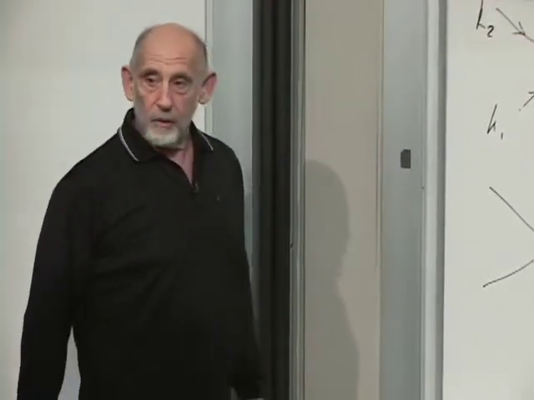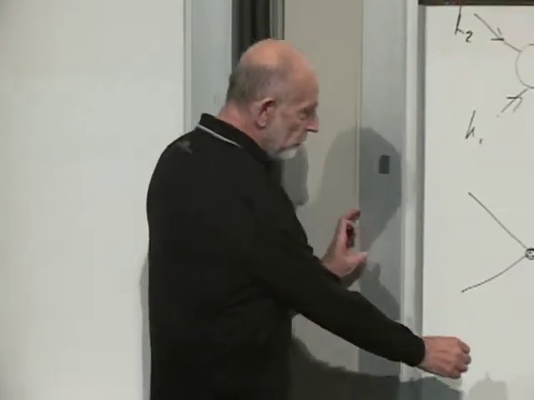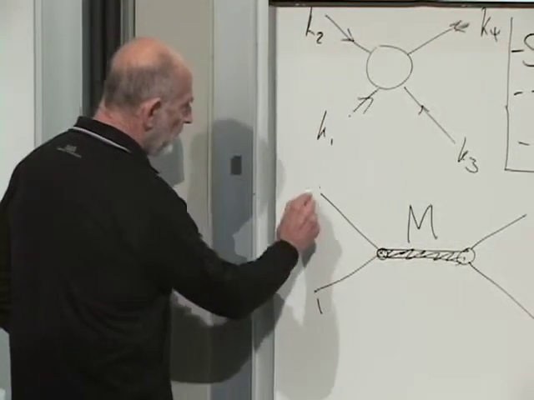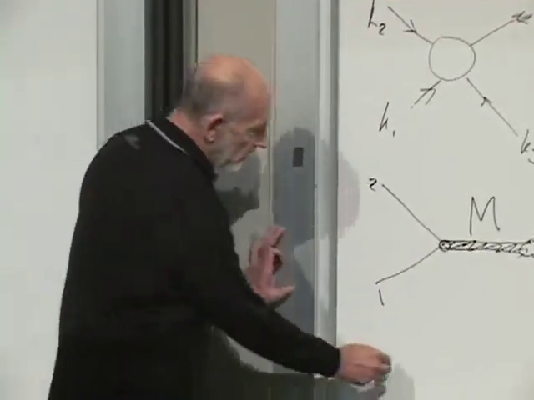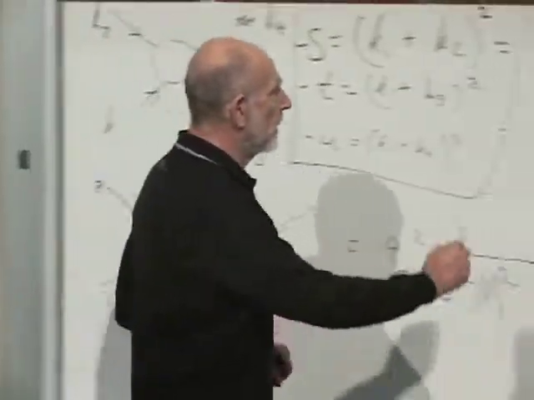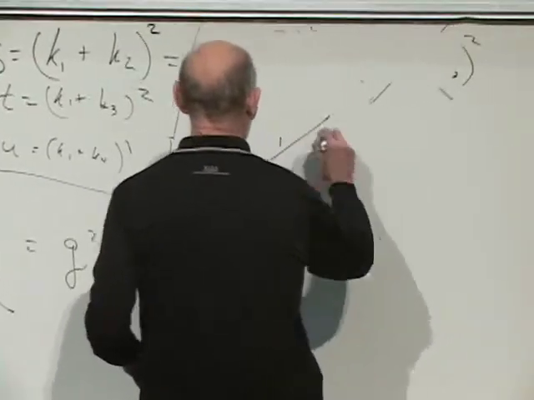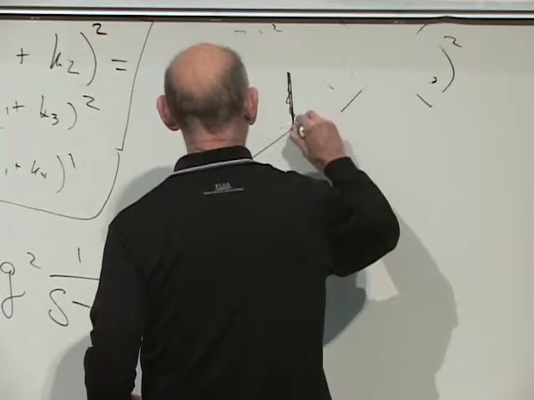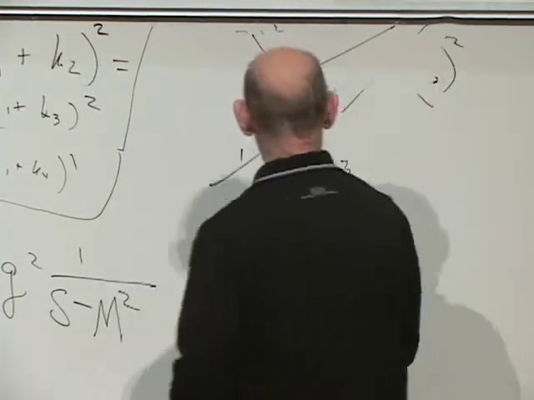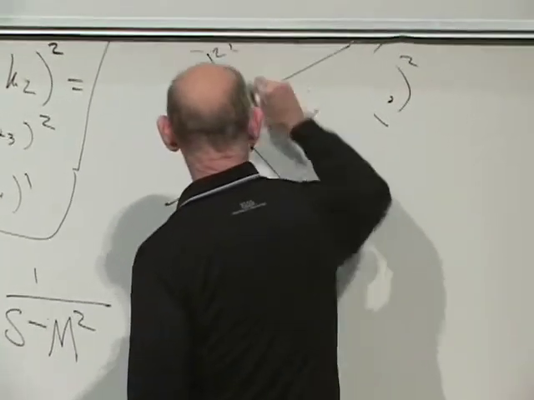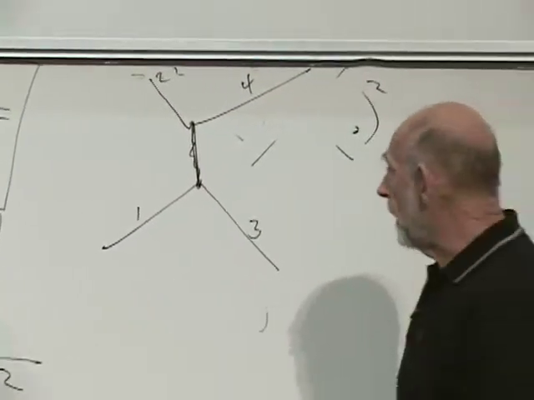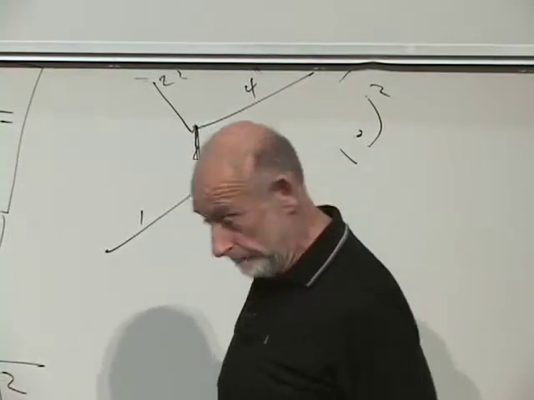You want one that depends on the other variable, you draw a similar diagram, except in which instead of 1 and 2 merging, you have 1 and 3 merging. One, two, three, 4. It looks like exactly the same diagram, except turned on its side.